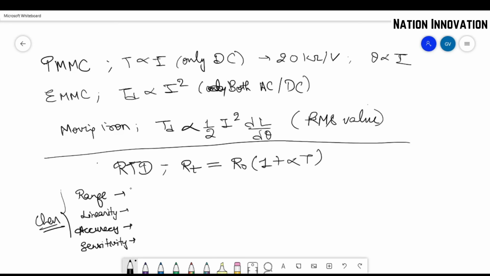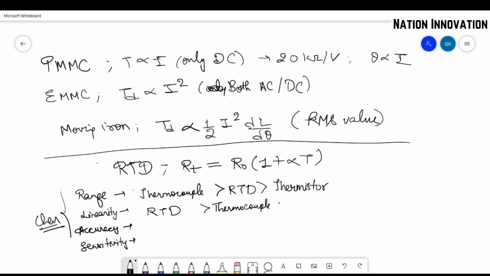And in terms of range, the best one is thermocouple, then we have RTD, then we have thermistor. Fine. Similarly, for linearity, the best is RTD, then thermocouple, then thermistor.